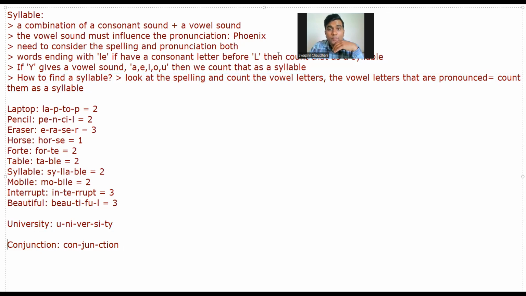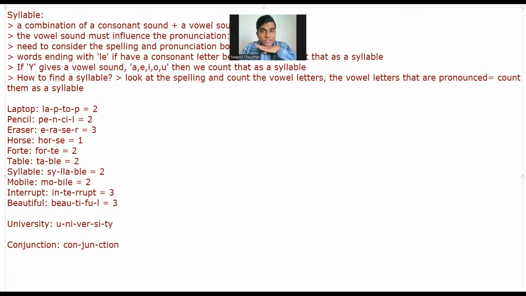Okay, so I'm going to give you a little trick over here. The trick is very simple. You just need to place your hand below your chin here, okay, and pronounce the word and see how many times your chin touches your hand.